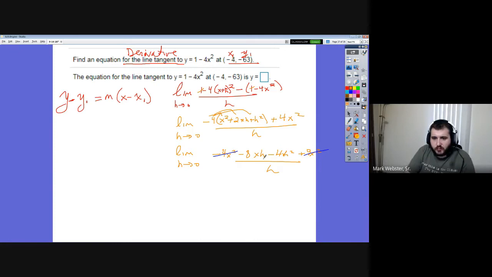And look at what we're left with. We've got negative 8xh minus 4h squared. There's an h in each of these, so we're going to get to cancel some more stuff out. One of the h's cancels. This h cancels. And so now look at what we're left with. The limit as h goes to 0 of negative 8x minus 4h.